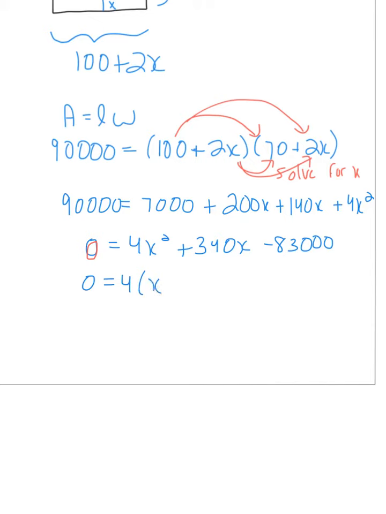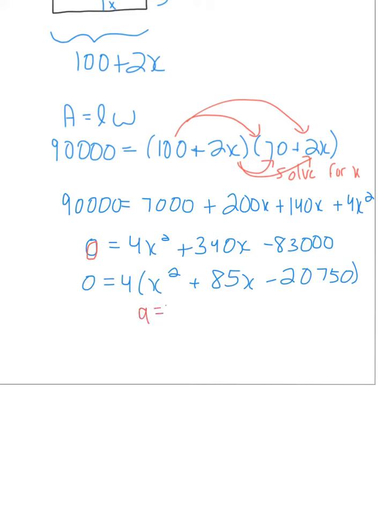So I get 4 bracket x squared plus 85x minus 20,750. Now you look inside the brackets and you see a simple quadratic equation. You try to factor this if possible, but it does not look possible. This C term is quite large, so I am going to use the quadratic formula to solve.